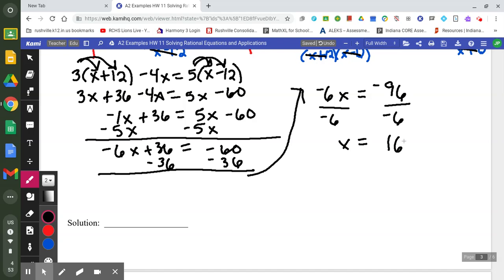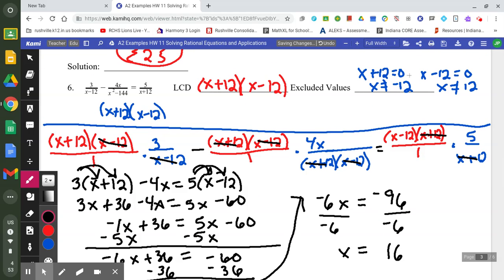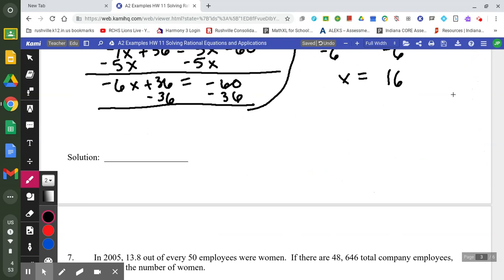Okay, so that gives me x equals 16, and my excluded values were negative 12 and positive 12, so I can have 16 as my solution.